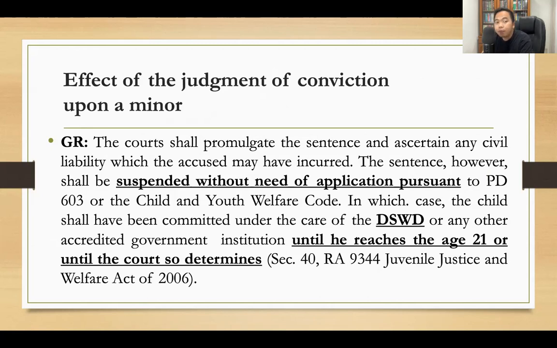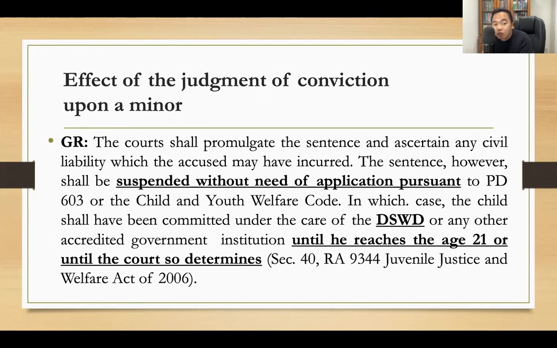As a general rule, the courts shall promulgate the sentence and ascertain any civil liability which the accused may have incurred. The sentence, however, shall be suspended without the need of application pursuant to PD 603. So the sentence will not be imposed. There will be a suspension of sentence without need of application, meaning the child in conflict with the law does not need to apply for suspension of sentence.